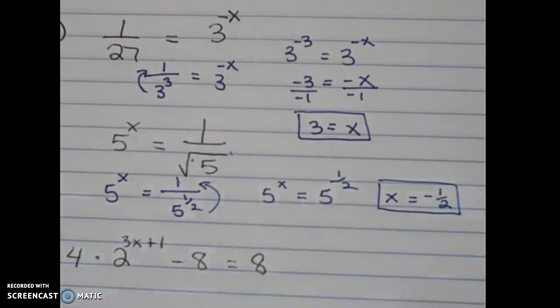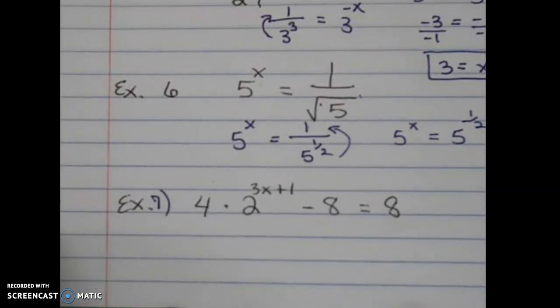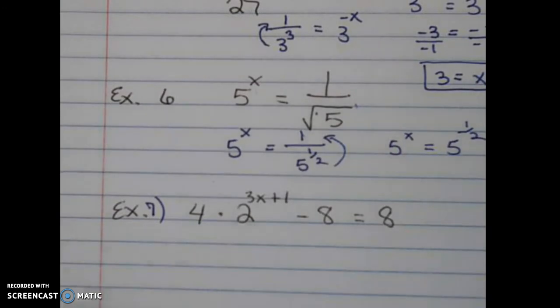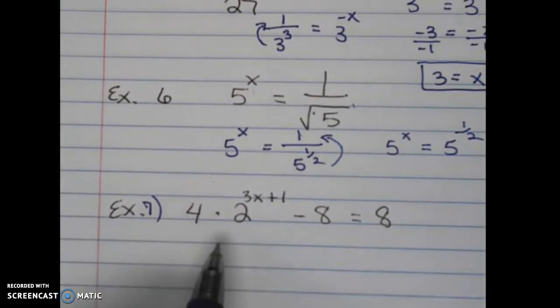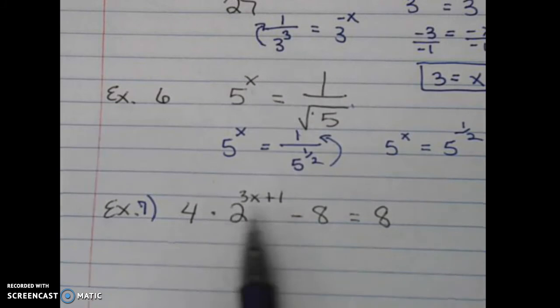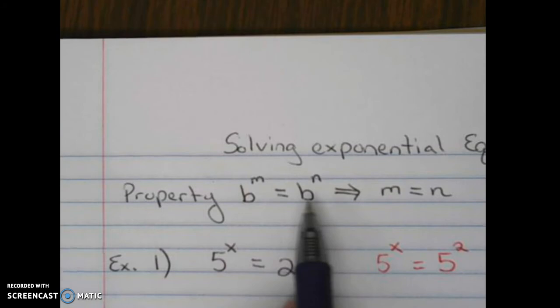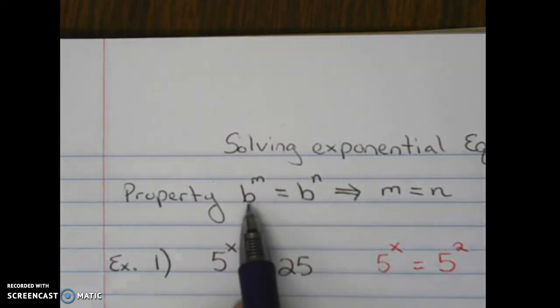Okay? All right. Example 7. In this case, we have a base of 2. We have some multiplying going on, some subtraction. So before we can use this property, we need to get the base and the exponent by itself.